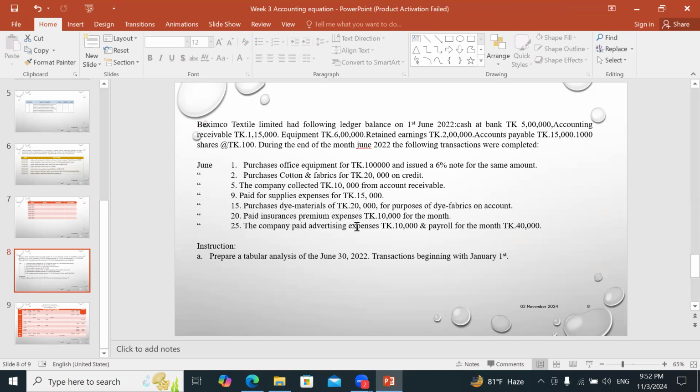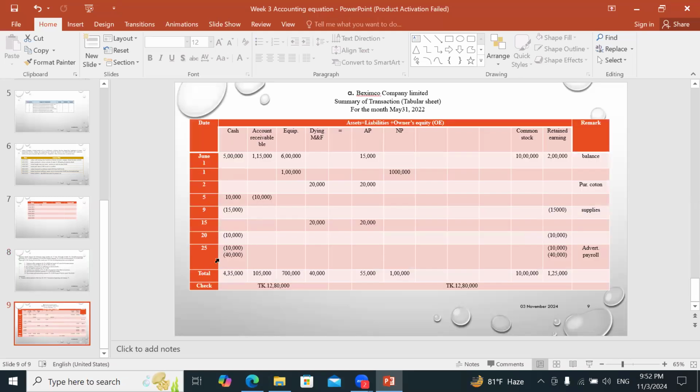Transaction 25: the company paid advertising 10,000 and payroll. Payroll means salary. Salary expense and advertising expense are both expenses. Cash minus and retained earnings minus: cash minus 10,000, cash minus 40,000, and retained earnings minus 10,000, 40,000.